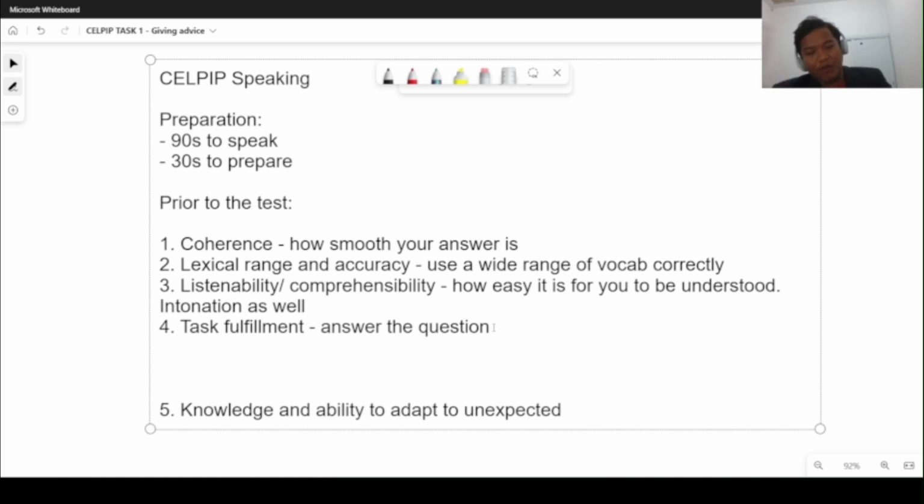If you talk coherently, if you show wide variety of vocabulary and accurately use them, and if you speak in a way that feels casual, that feels quite energetic or appropriate, in accordance to the question, and you focus on the question, you don't stray away, you don't pile too many things into one answer, right? And you take your time to explain your reasoning, etc. You will get at least a 10.